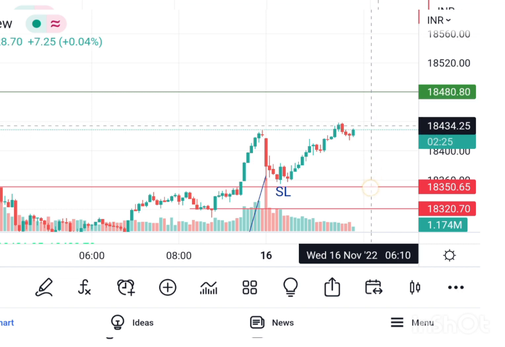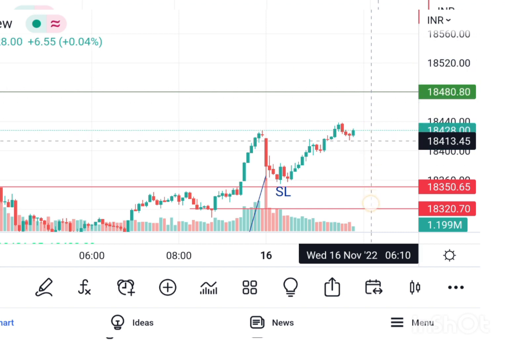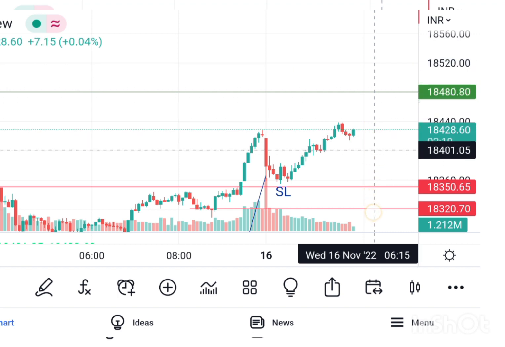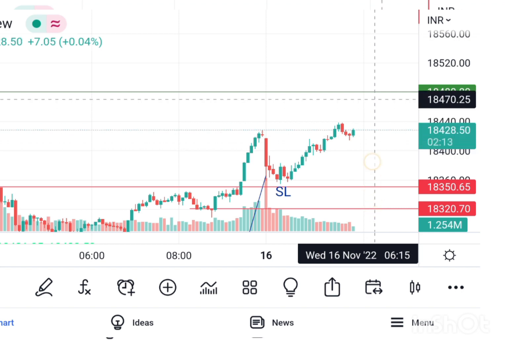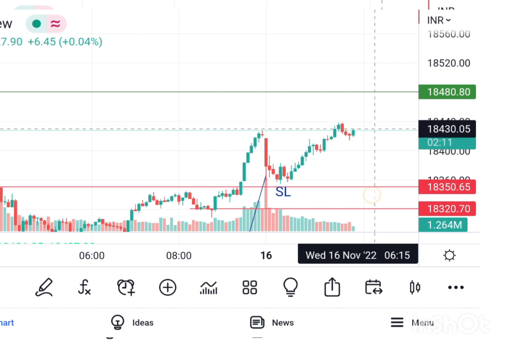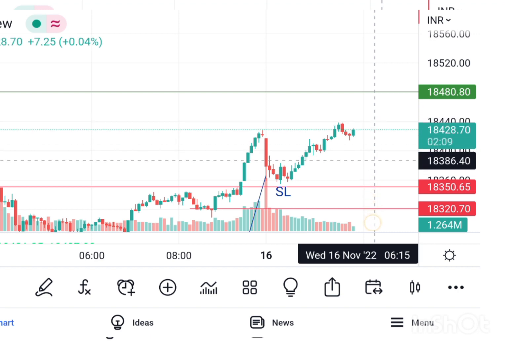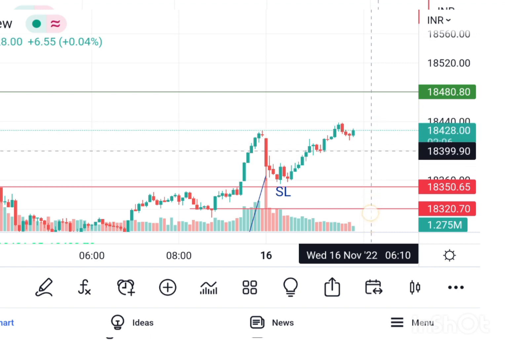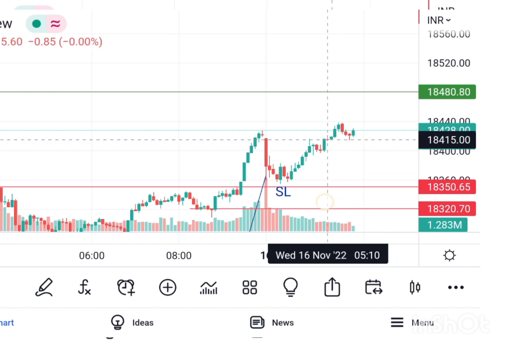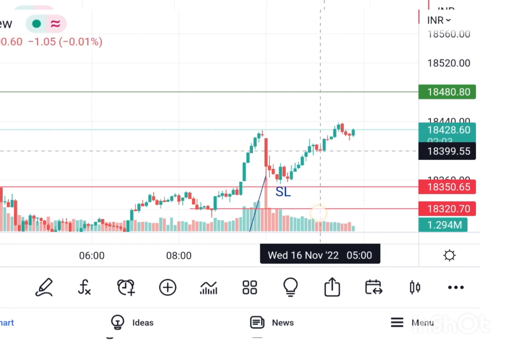Then 440, then 480. These will all be my stop losses. 440 is a good stop loss, this red candle here. But only once it crosses 480, then I'll trail my stop loss to 400. This red candle here.